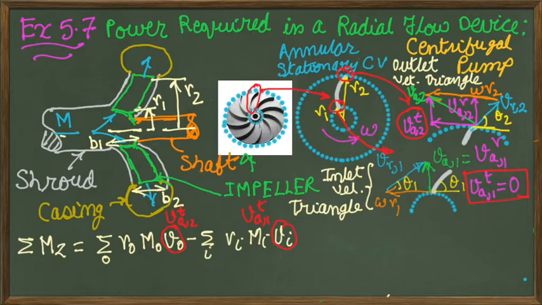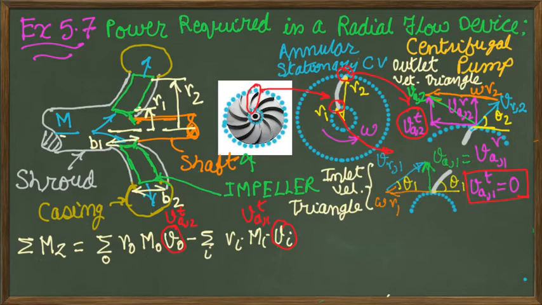Here, instead of momentum flow rate, we apply the moment of tangential momentum flow rate. We always consider the product of mass flow rate with the tangential velocity, and since in this topic we consider the control volume as stationary, the tangential velocity that we consider is the absolute velocity.